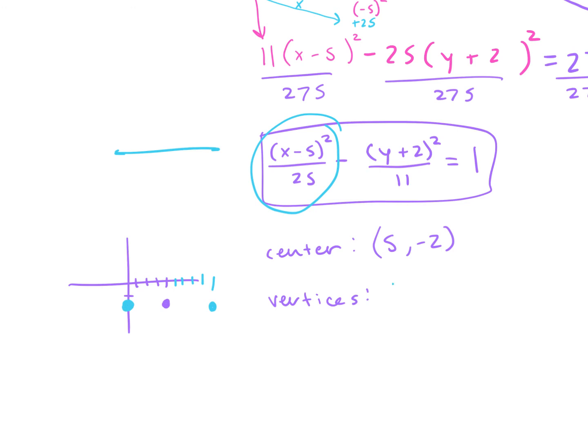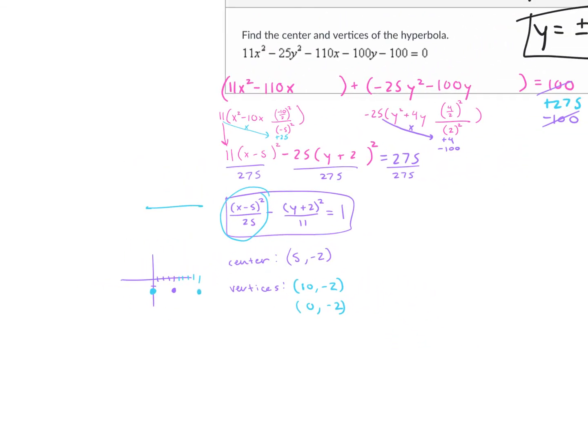So what are my vertices? And? 0, negative 2. Perfect. And that's it, center and vertices.